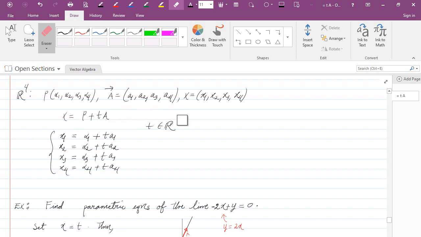So the first component x1 of X would be the first component of P plus t times the first component of A. So x1 would be alpha 1 plus t a1. What would be x2? It'll be the second component of P plus t times the second component of A, so alpha 2 plus t a2. Similarly, x3 would be alpha 3 plus t a3, and x4 would be alpha 4 plus t a4. So these are the parametric equations of the line in 4-space passing through the point P parallel to the vector A.